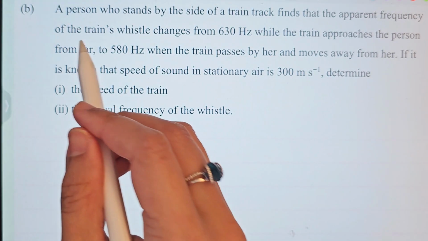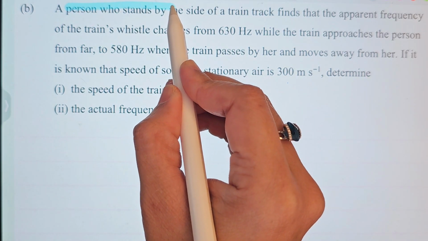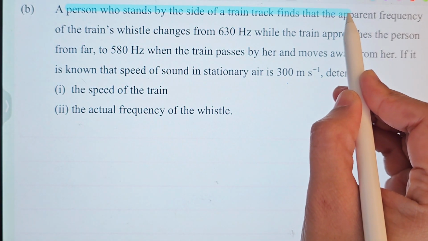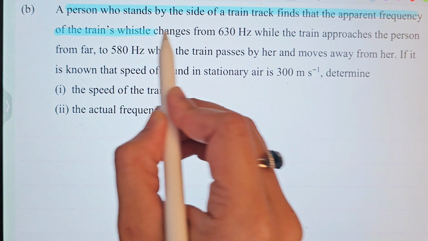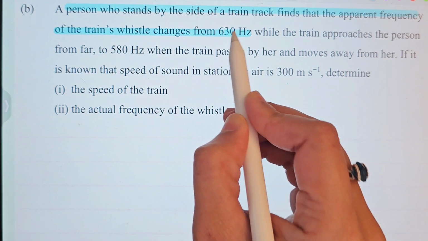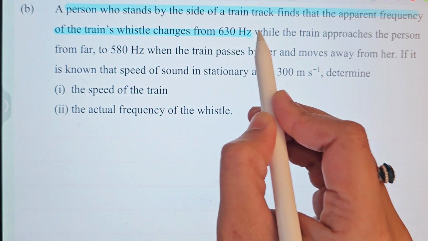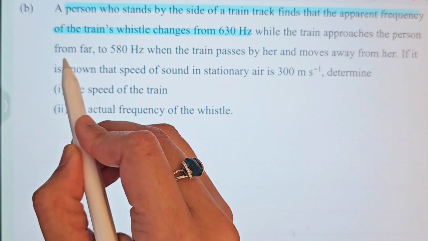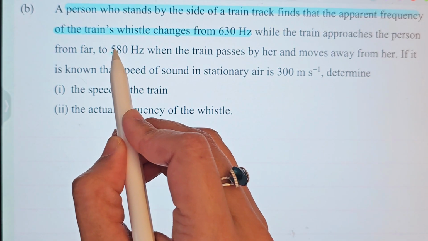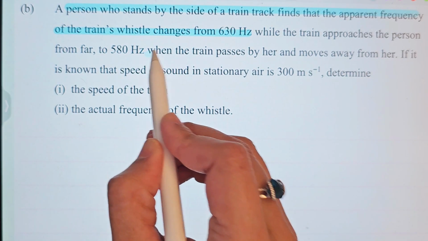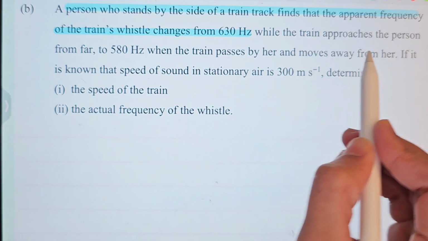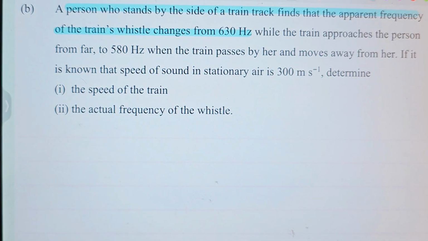Question number 30B. A person who stands by the side of this train track finds that the apparent frequency of the train whistle changes from 630 Hz while the train approaches the person from afar to 580 Hz when the train passes by her and moves away from her.